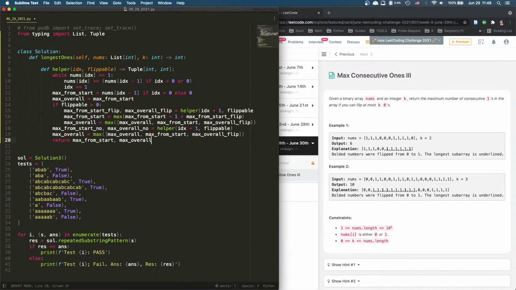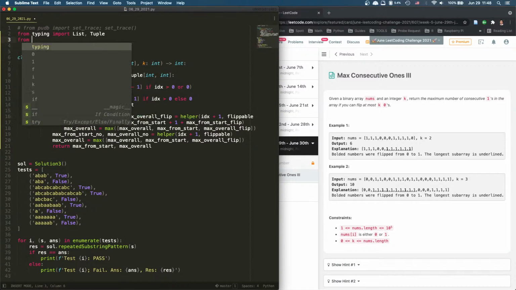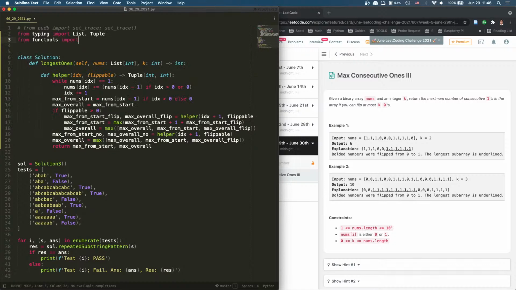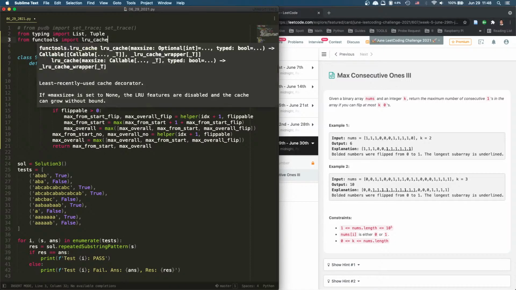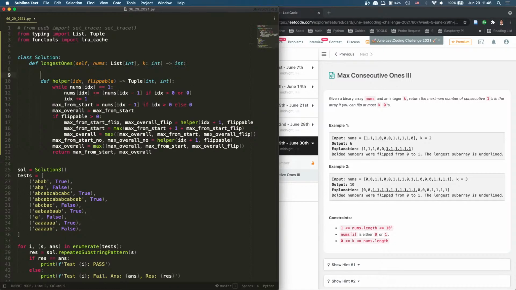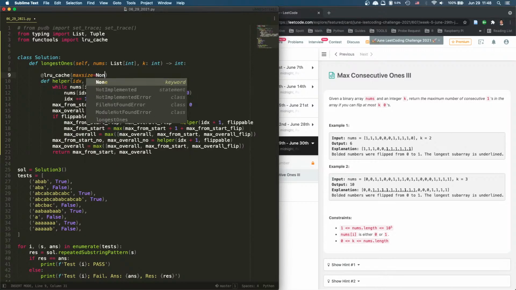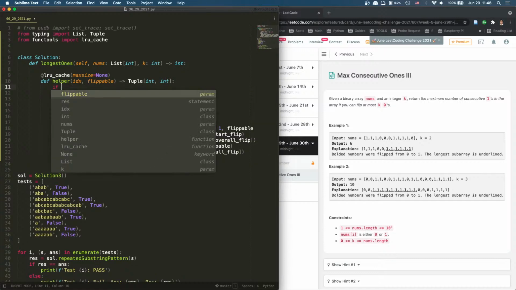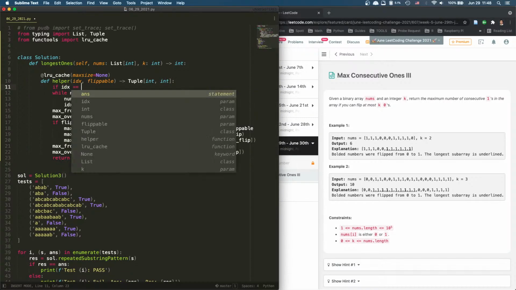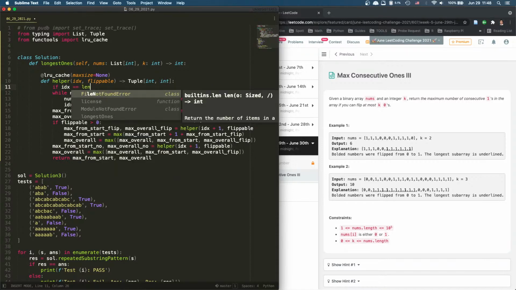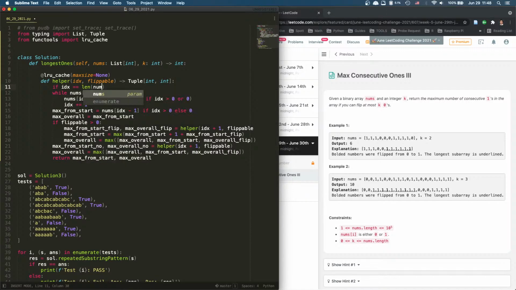Right? So that's this, and we definitely have say from functools import LRU cache. So this one we're gonna cache it. Cache max size equals none. So cache this. When do we stop? We say if index is equal to length nums, right?